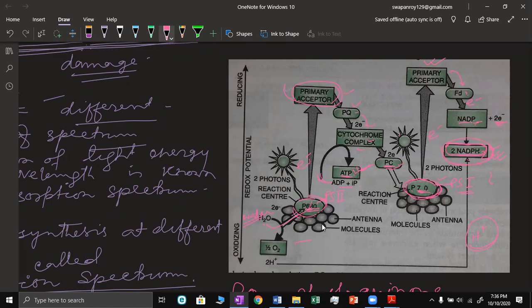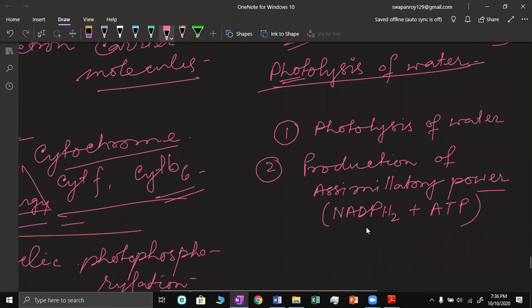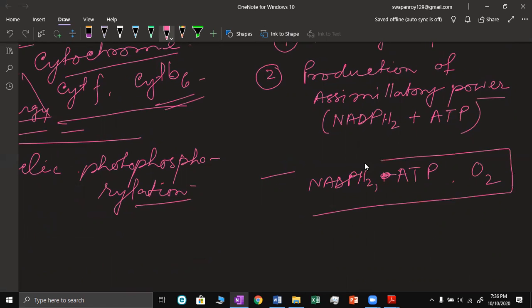Okay, so the end products of this light reaction are NADPH2, ATP, and also we get oxygen by the photolysis of water.